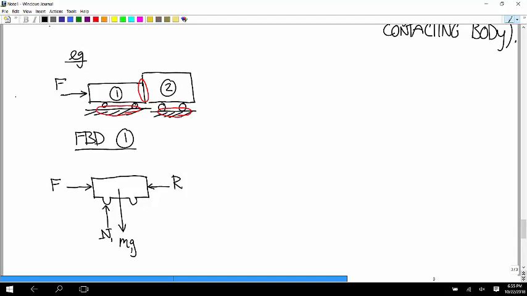The F? That force F, yeah. So those both have to be in there. R is coming from, what did I call those?